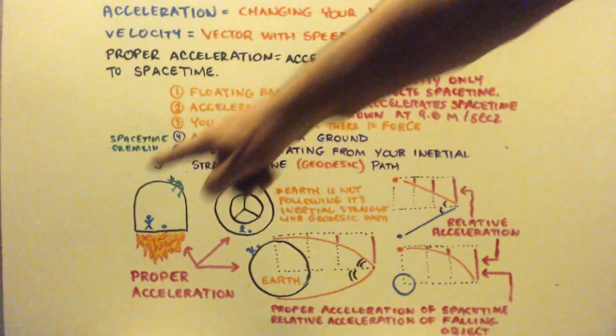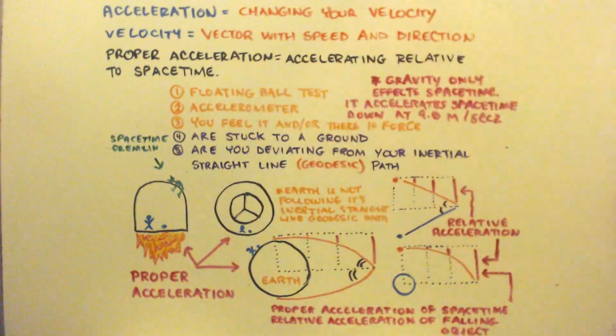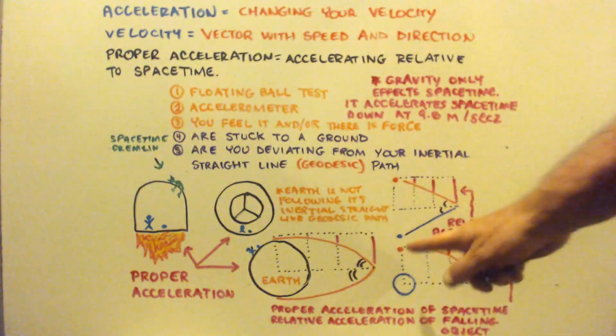Same here. You just want to float there. But the ground comes up and prevents you from taking your inertial straight line path, and you get off of that inertial straight line path, that is proper acceleration, right? You feel it. You have to do something. Here you're just floating. Here you're just floating.